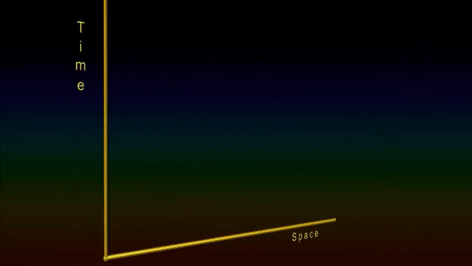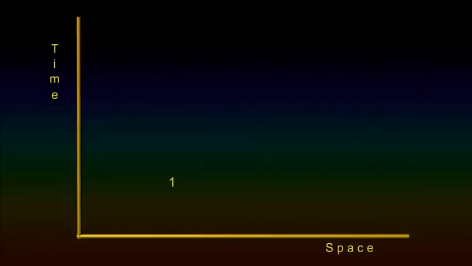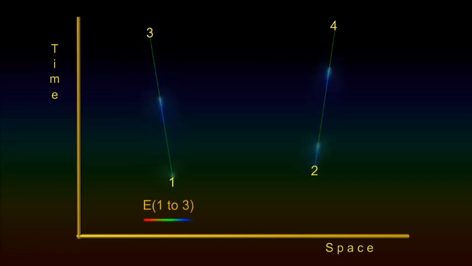Now let's calculate the probability that two electrons at 2 points, 1 and 2, end up at points 3 and 4. This event could happen in two ways. The electron at point 1 could go to 3, given an amplitude of E 1 to 3, and the electron at 2 goes to 4, giving E 2 to 4.